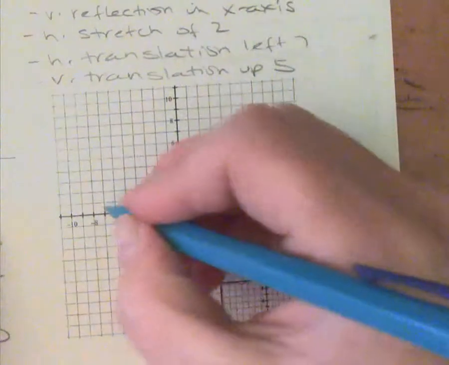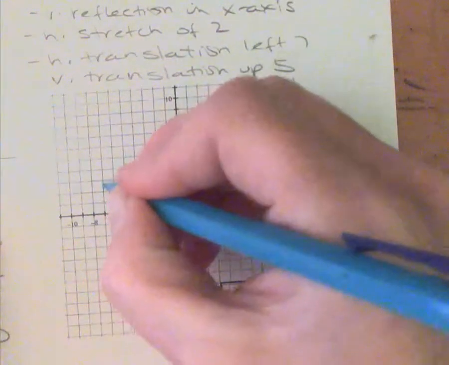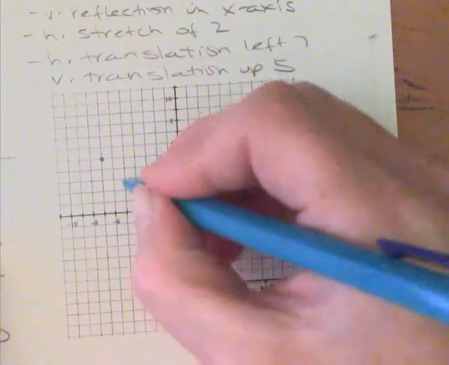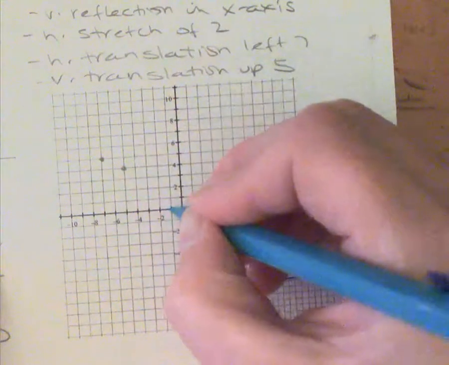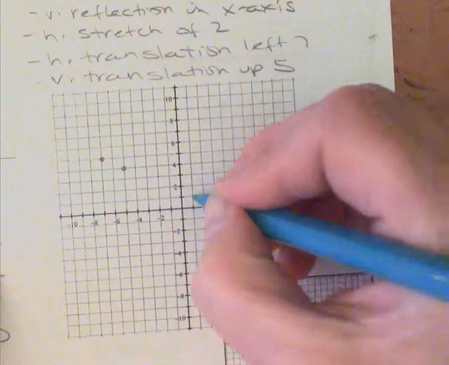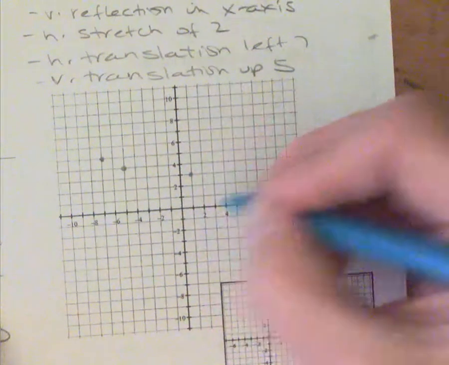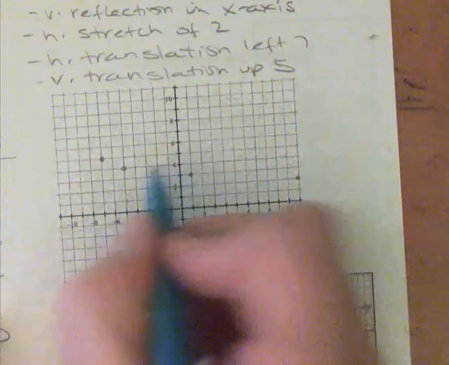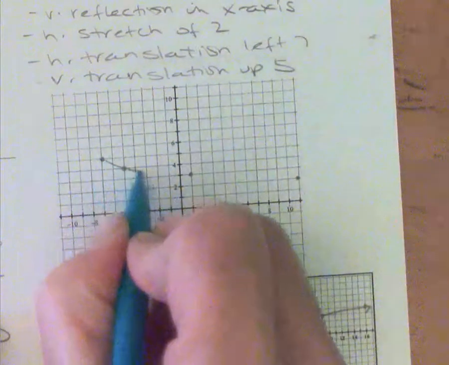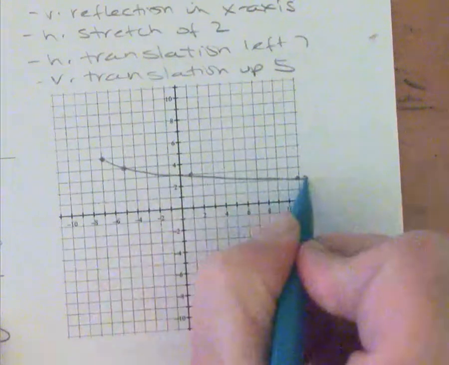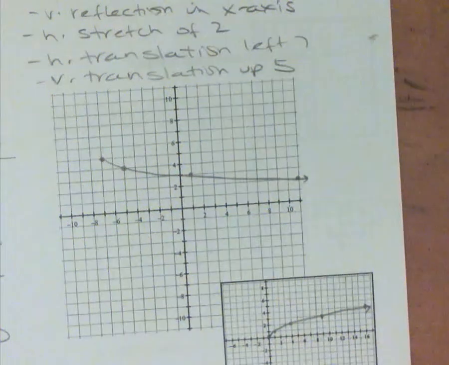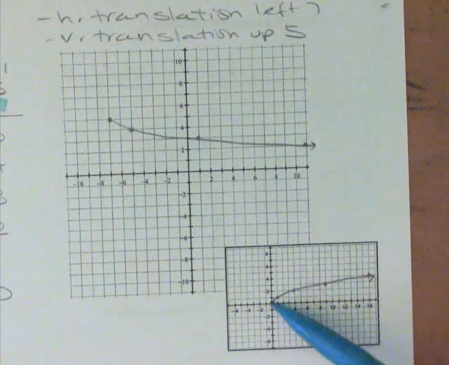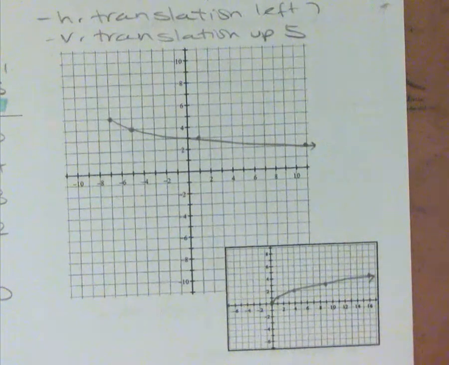So at minus 7, we're at 5. Okay, so that gives us our general outline. And it looks like that. It does not extend in the other direction because, as you can see here, it has to start at 0, 0 and goes in one direction. It's like half a parabola.